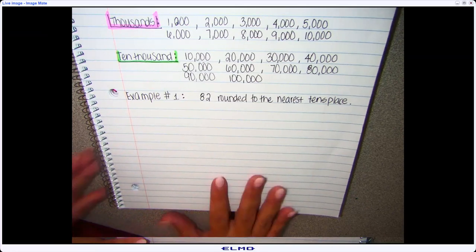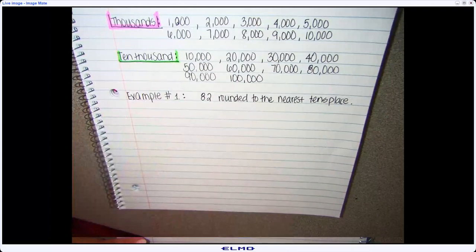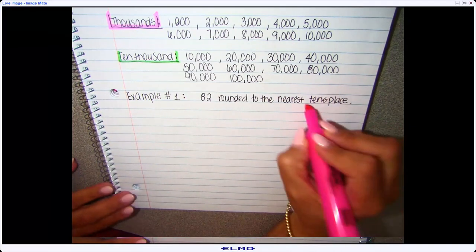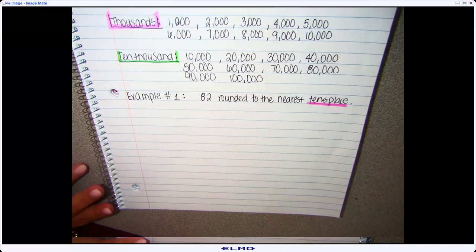If I look back at my strategies, step number 1 tells me to underline the place value that they want me to round to. So what place do they want me to round to? The tens place. So I'm going to underline the tens place.